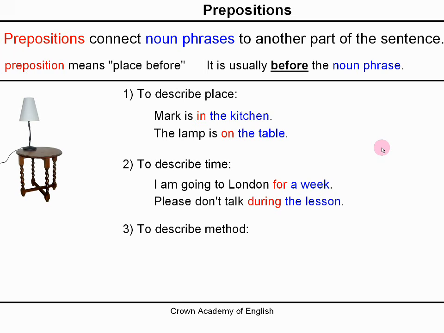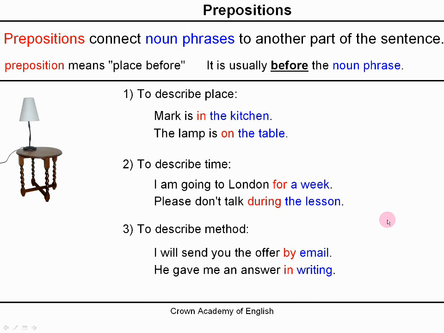They can also sometimes describe a method. I will send you the offer by email. So, how will I send you the offer? By email. It is the method. He gave me an answer in writing. In writing. So this is describing the method.